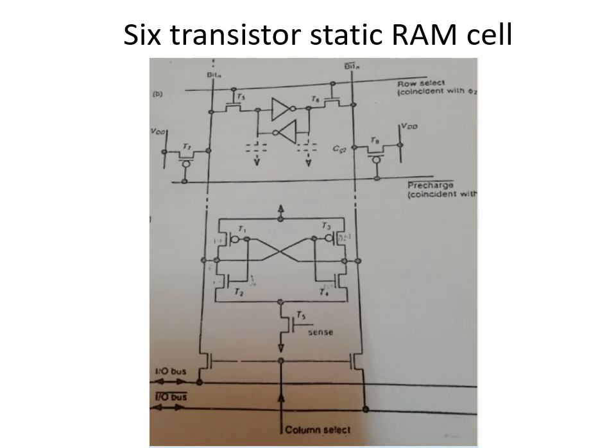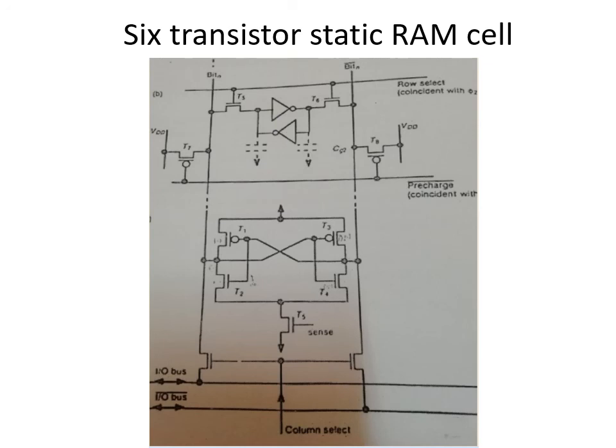Now let us see how the read operation is carried out. Initially the pre-charging is done, that is the two transistors T7 and T8 are pre-charged to logic 1. Then whatever is there in the gate capacitance of the inverter is passed through T5 and is available in the bit line bar, and whatever is there in the lower inverter circuit is moved through the T6 transistor and is available in the bit line.